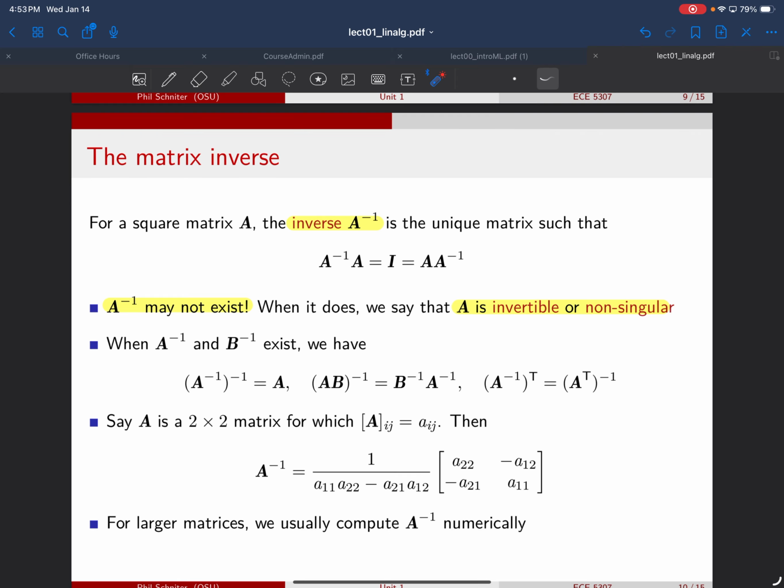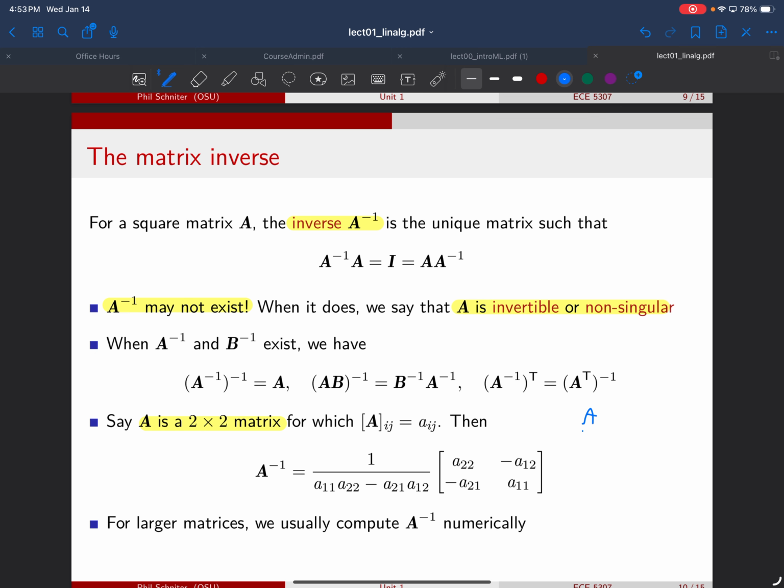Now, inverses are easy to compute when we have 2 by 2 matrices. So in this case, let's just say that the ith row and jth column of matrix A is this Aij. What you do is you swap. So let's visualize.